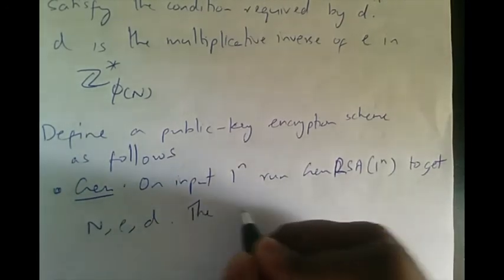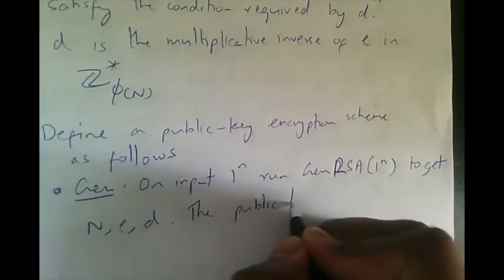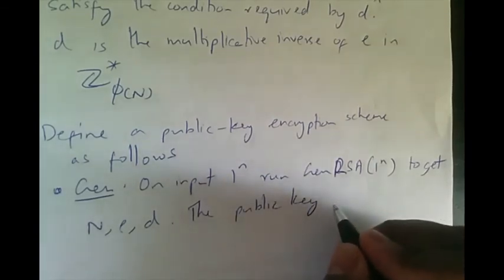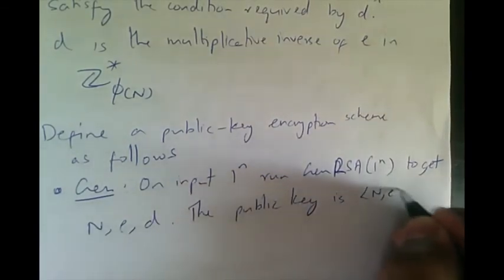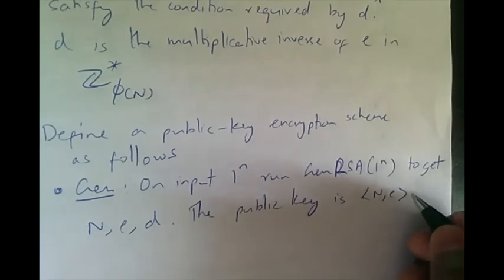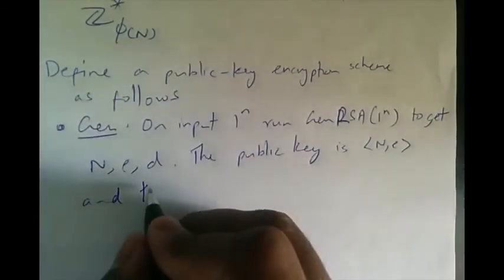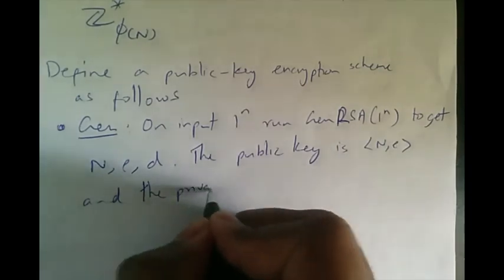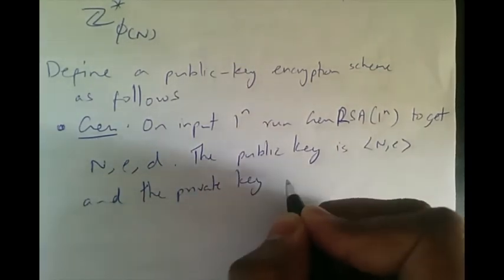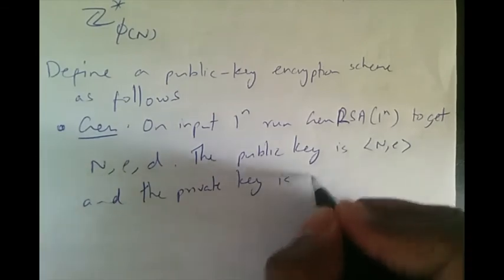The public key is the pair (N, e), and the private key is (N, d).